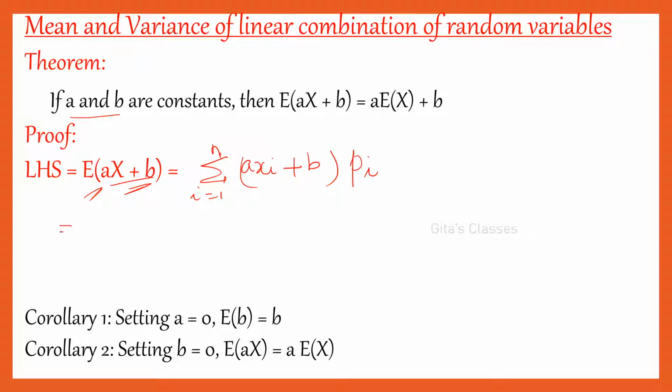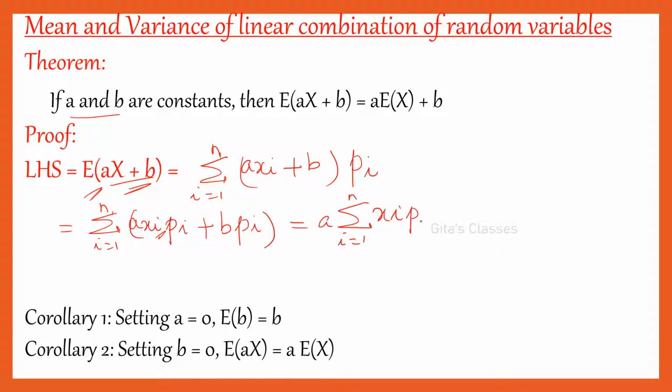So this is equal to sigma i varies from 1 to n of A Xi Pi plus B into Pi. So this is equal to, again, A can be taken outside because it is independent of i, and we get A times sigma Xi Pi plus B into sigma i varies from 1 to n of Pi.